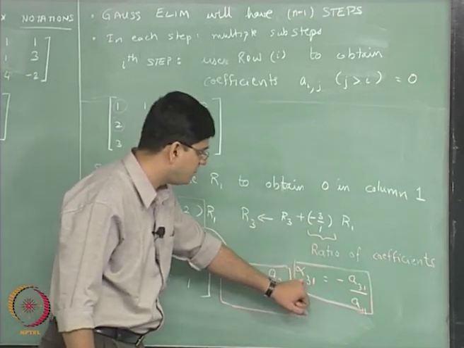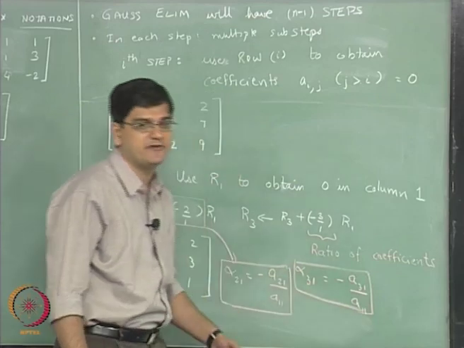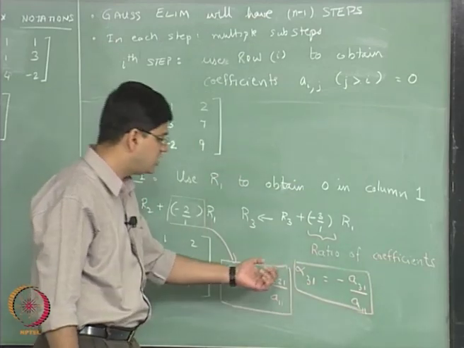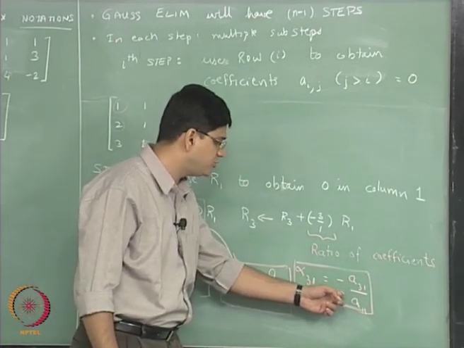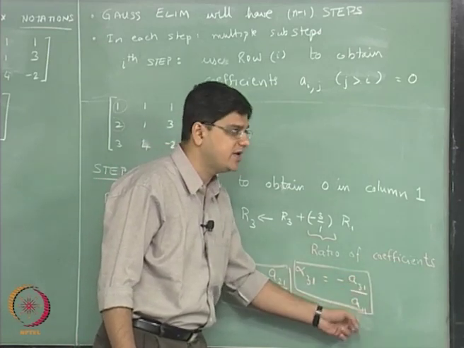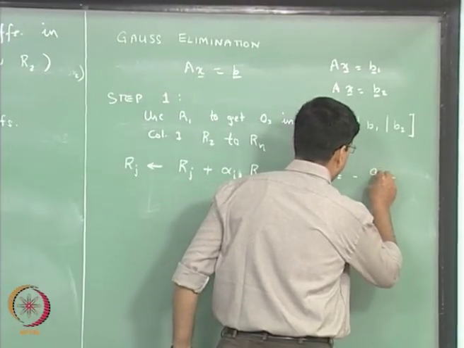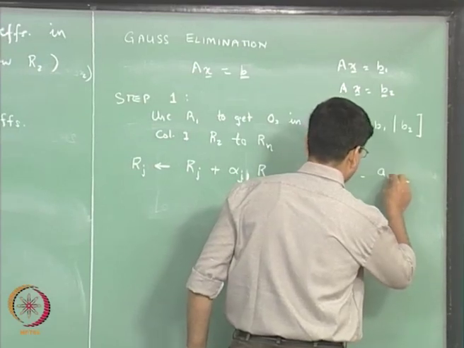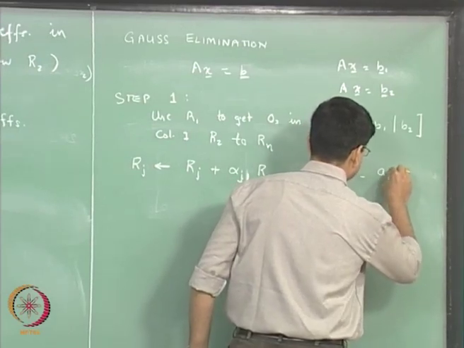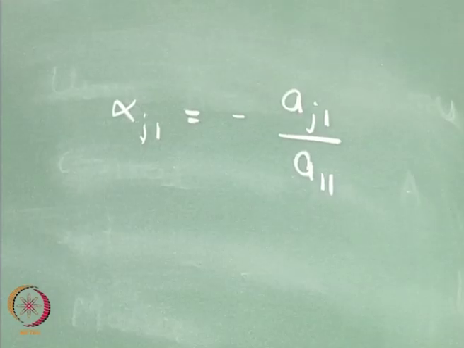Likewise, alpha 31 was equal to negative of A31 divided by A11. In general, alpha j1 is going to be equal to negative of aj1 divided by a11.